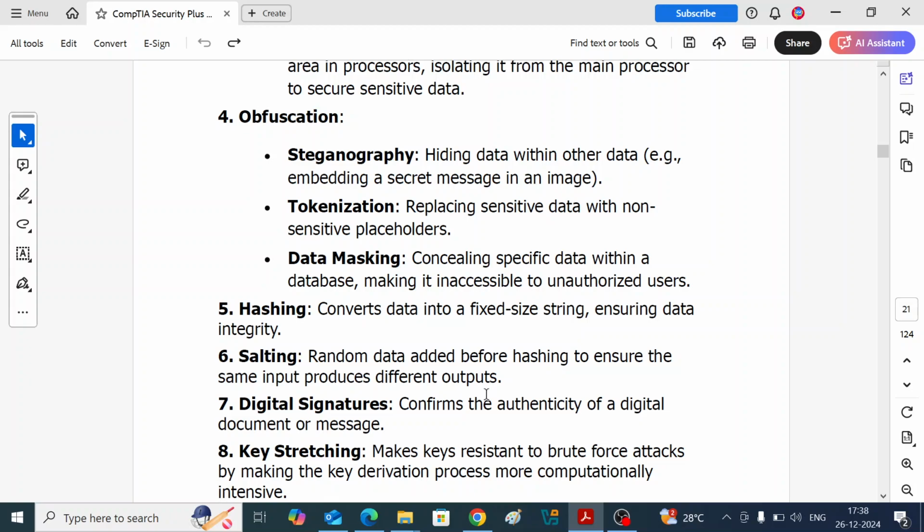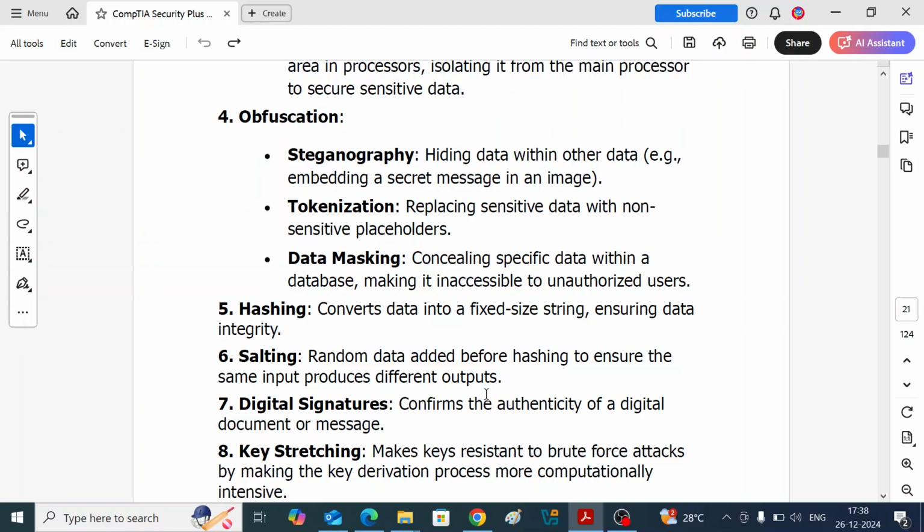Sometimes you change the data format in a way that it looks different to threat actors, but the person you are sending this data to gets to know exactly what the message is. This is also a concept in a lot of movies.